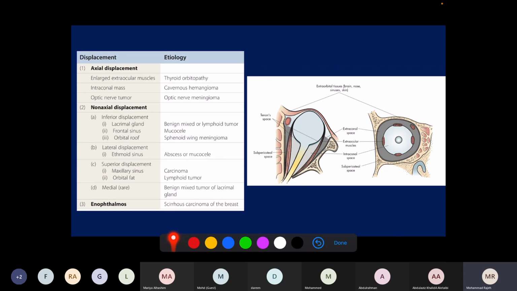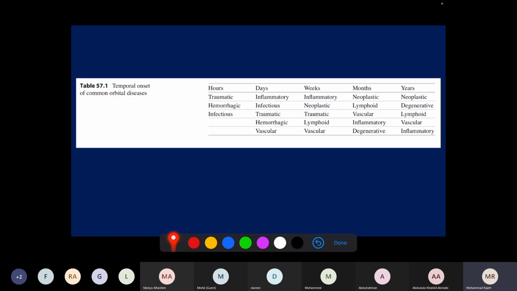So this is just to know the location of the pathology based on the displacement of the globe. And this is the onset. Usually a common MCQ question is the emphysema, that it happens in hours.